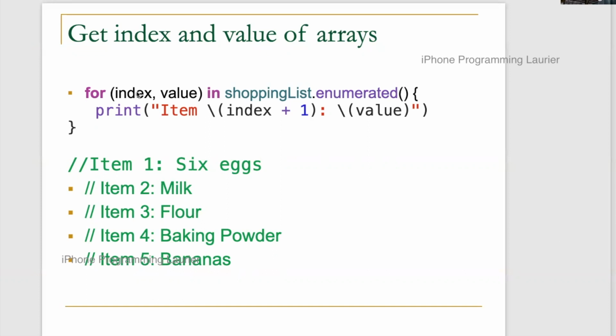So you want to know for the first item, what is the value? For the second item, what is the value? In the iteration, you specify the index and the value, and then you can get it from here. I think these things are very, very standard.